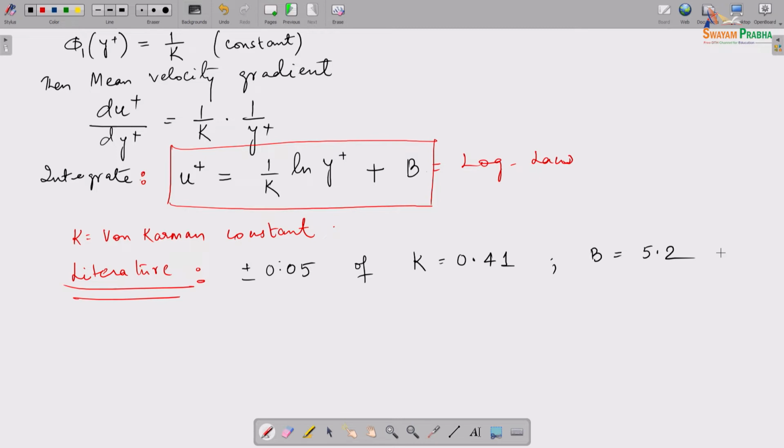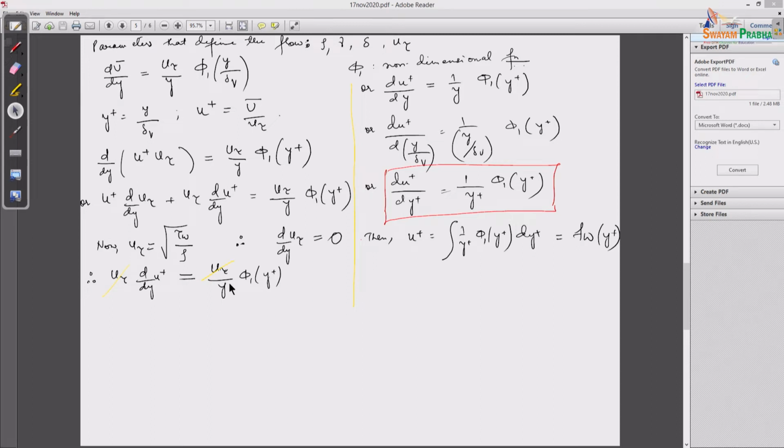Okay. So, if I just go back to what we did earlier, this is what I used just now. Just wanted to bring this up. So this del u plus dy is something I used just now.